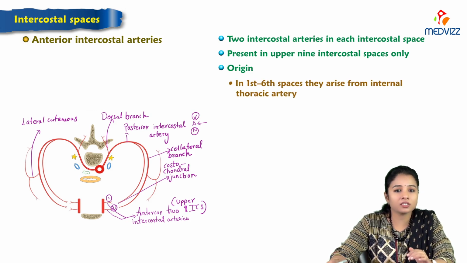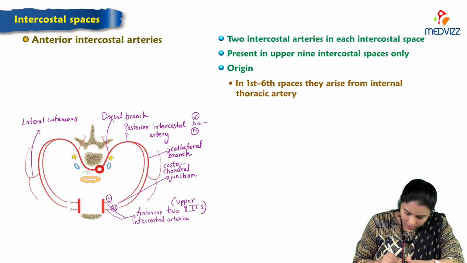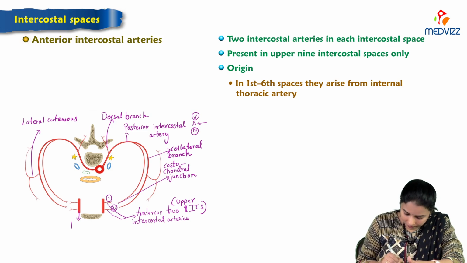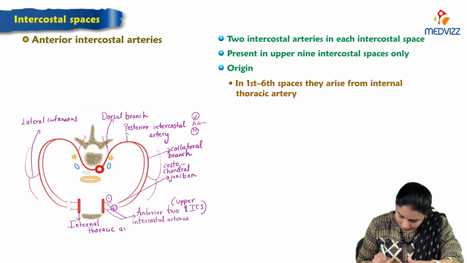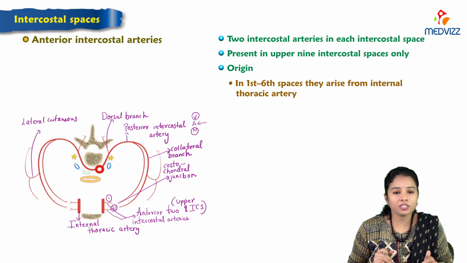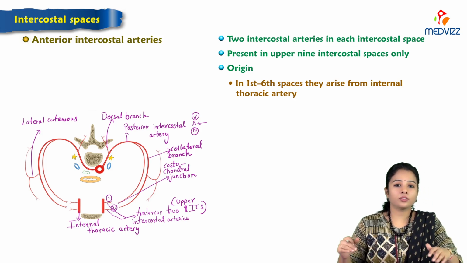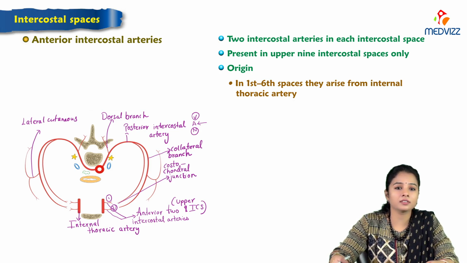First to 6th spaces, the anterior intercostal arteries arise from the internal thoracic artery.